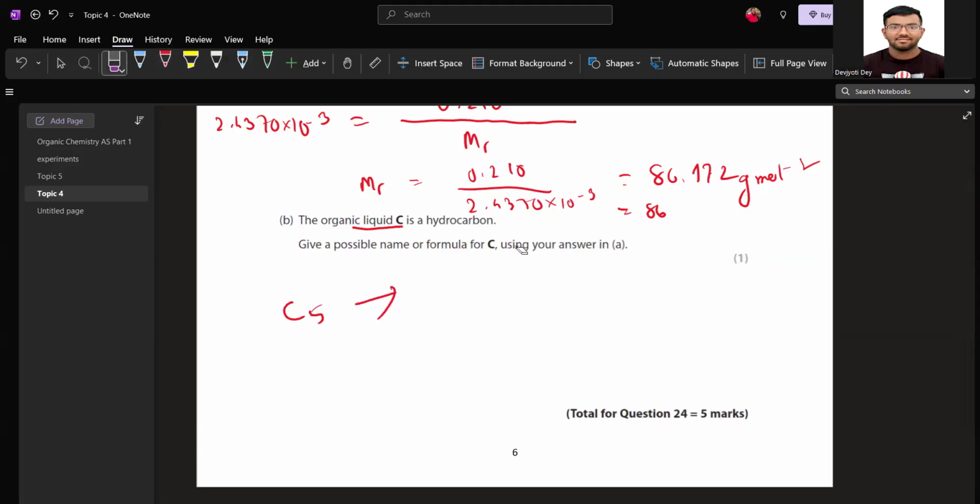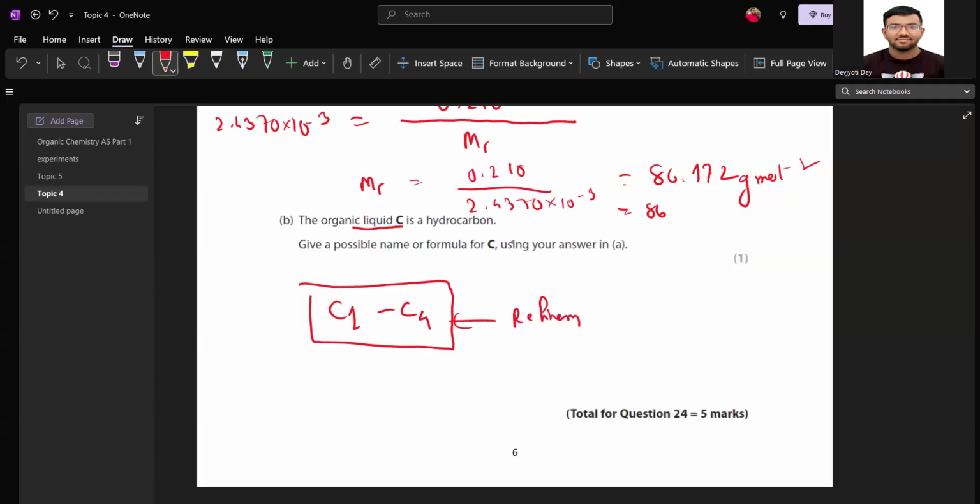So remember this, that from C1 to C4, refinery gases of alkanes in gaseous form are formed.